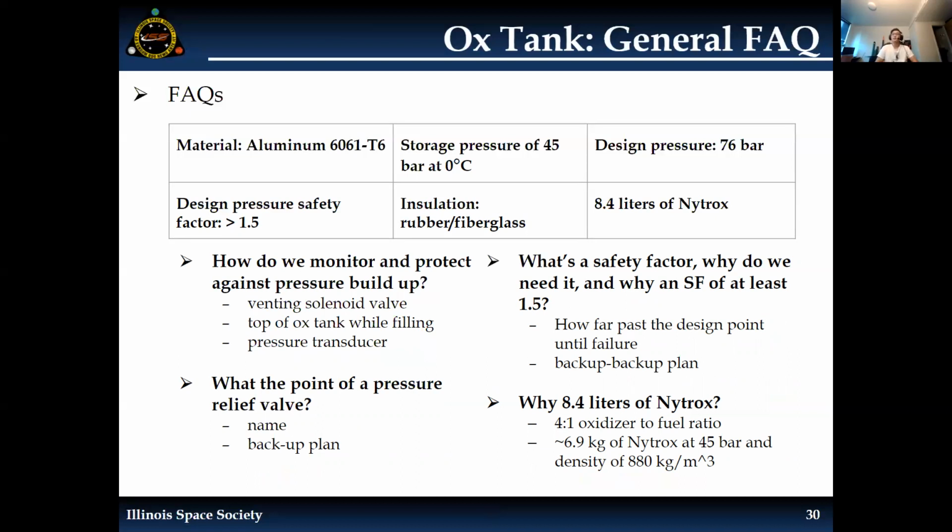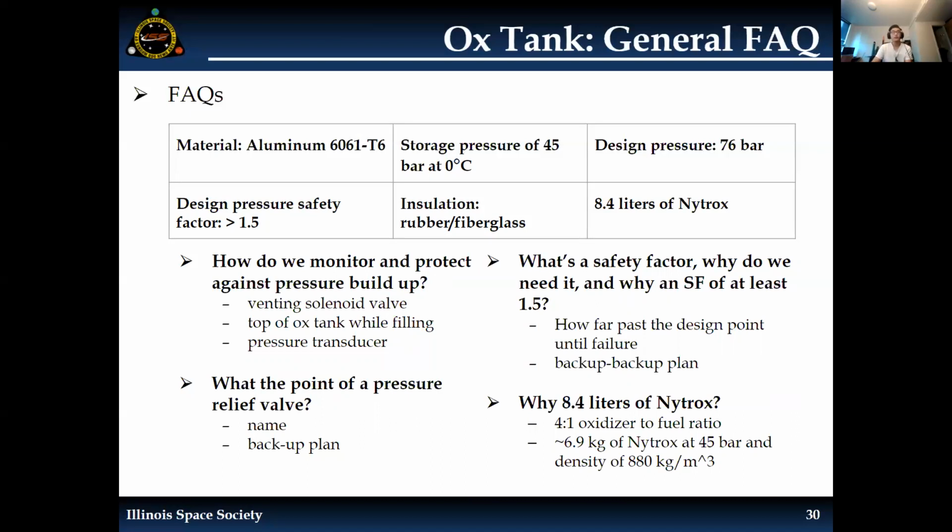So that basically, when we're in the filling process, we open that valve slightly so that it can vent the ullage space of excess pressure. And once we're done with the filling process, we close that valve. There's also a pressure transducer. That's where we're going to get our pressure readings and know when everything is okay and when to stop filling.